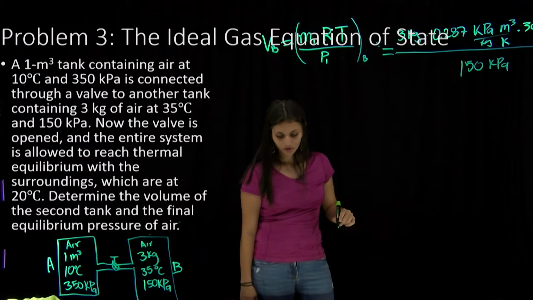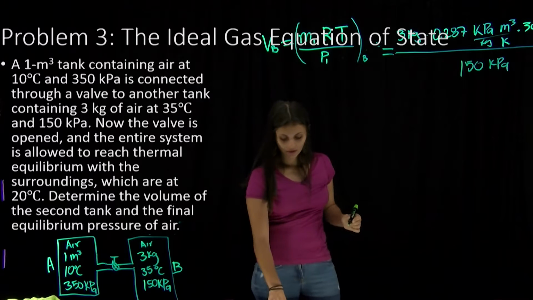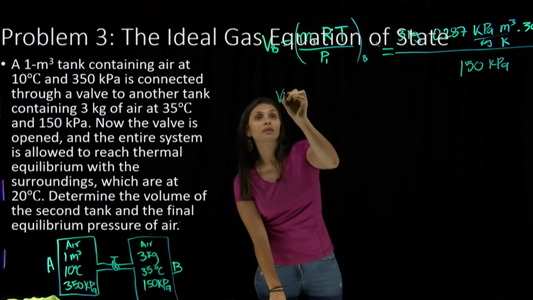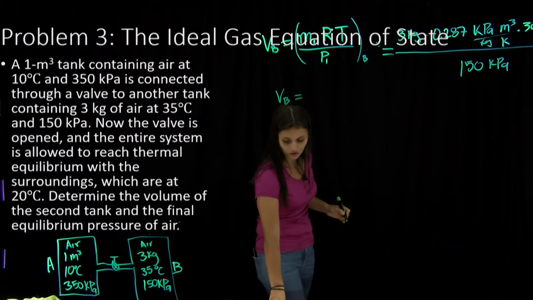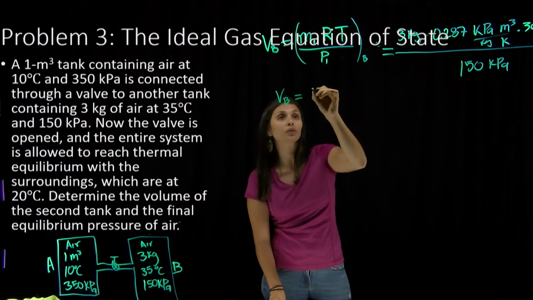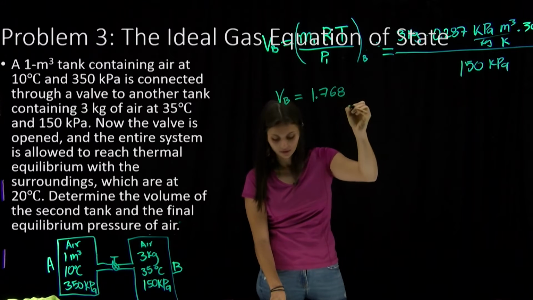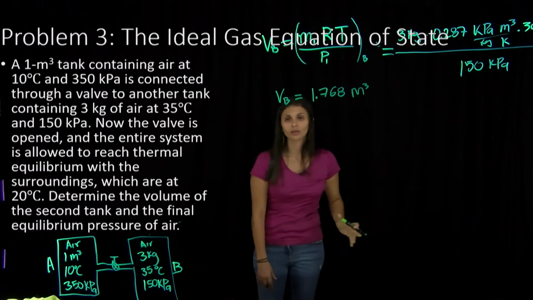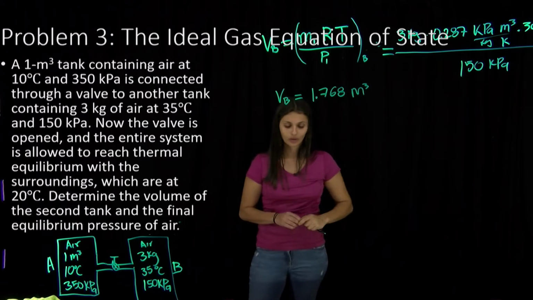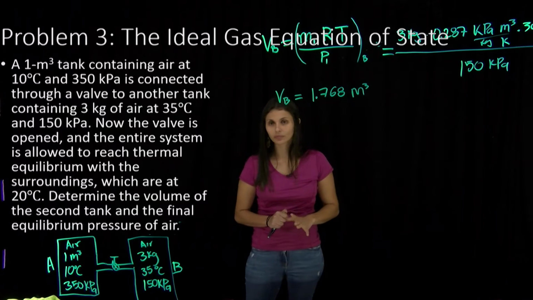Okay, so if you solve for this, you end up with the volume of tank B at the initial state being 1.768 cubic meters. So that's the first answer to this.